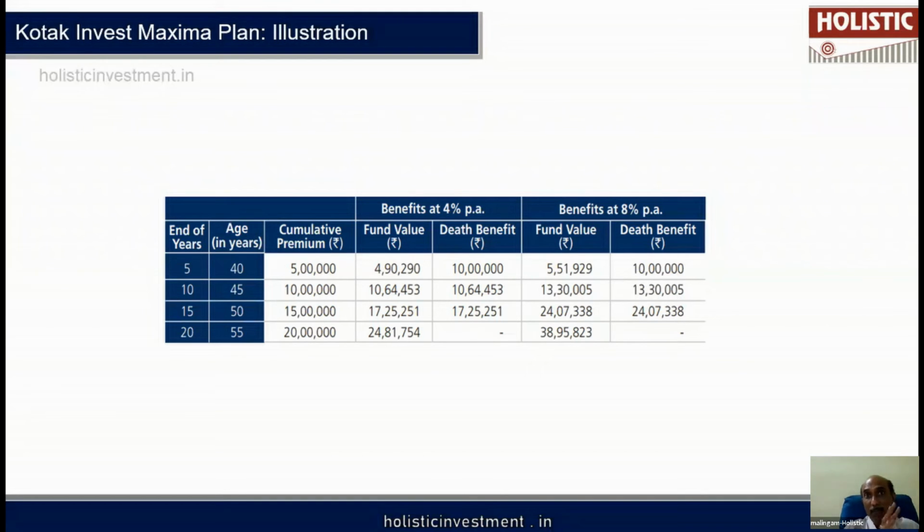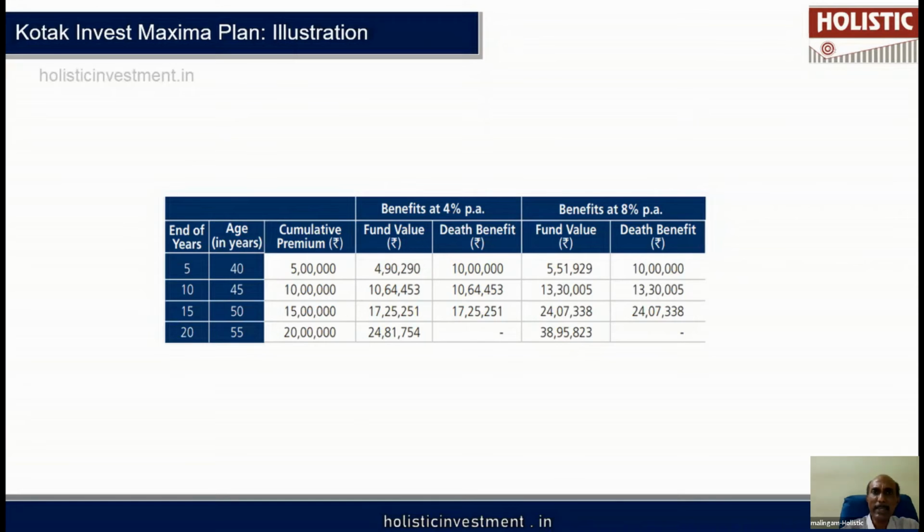After all the 5 heads of expenses and the other 2 justifiable charges, how much they will give to you, that we have to calculate, right? In a worst case scenario, Kotak has the potential to give you 4% gross return. In a best case scenario, they have the potential to give you 8% return.